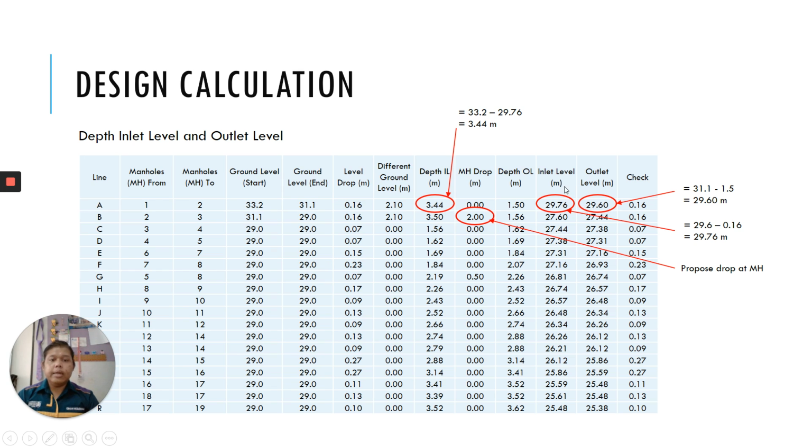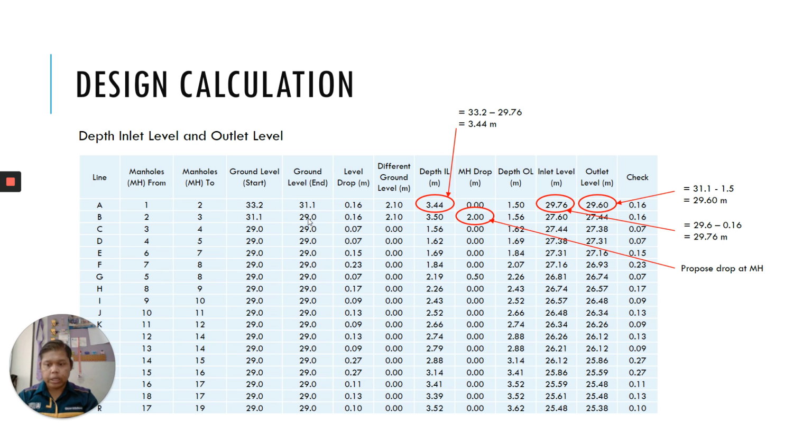To start the inlet level at the second manhole, I need a drop of 2 meter. If I didn't do this 2 meter drop, the depth for the outlet level here would be less than 1.5 meter or 1.2 meter. Because if I start here at 29.6 and the ground level is 29, your outlet invert level would be higher than the ground level.